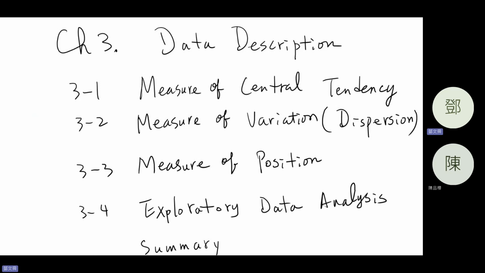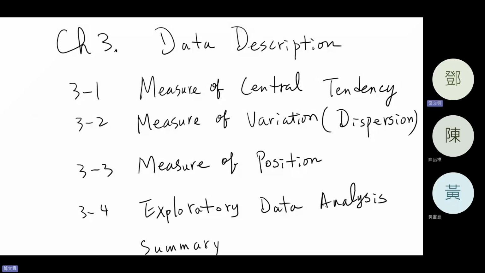The title is data description, and we have 4 sections. Number 1, measure of central tendency, measure of variation, and you can also say measure of dispersion. And a measure of position, and then exploratory data analysis, and then finally summary.